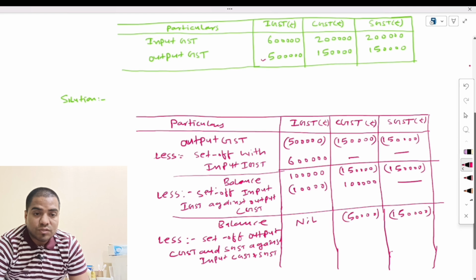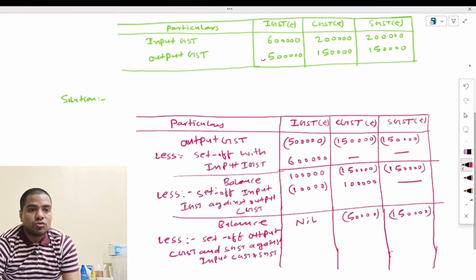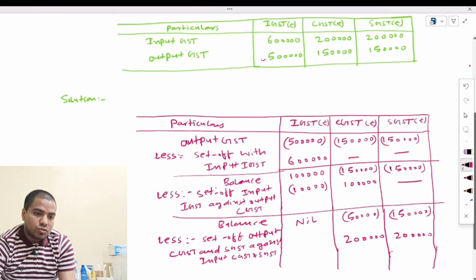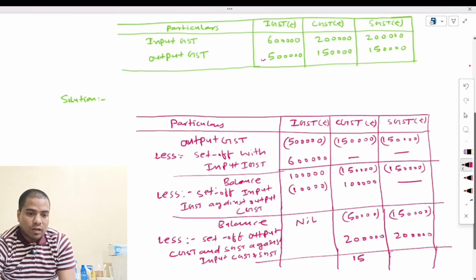How much was the balance of CGST and SGST? 2 lakh and 2 lakh. You will write here 2 lakh and 2 lakh. 1,50,000 would be here plus and 50,000 would be here plus. This is the balance amount.